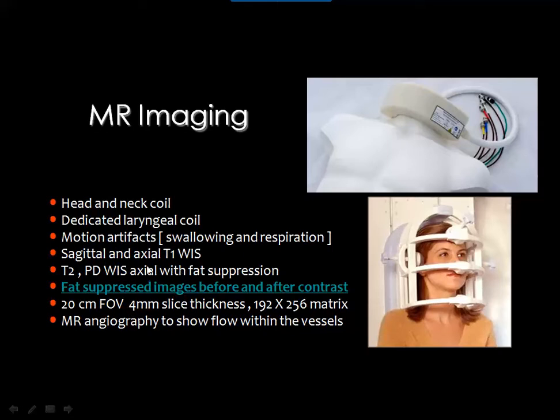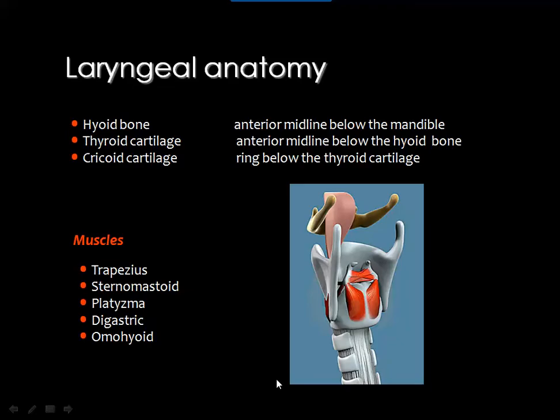Then we should have sagittal and coronal scans, and if there is a lesion, we may have the fat suppressed images, especially before and after injection of contrast media. Then sometimes we use the advantage of MR angiography to show the flow within some of the vessels, and this is not usually performed, but for vascular displacement or invasion we may use this MR angiogram.